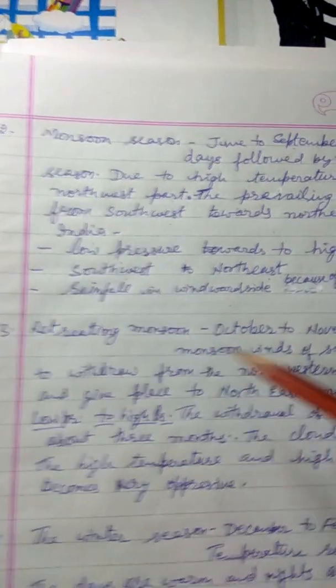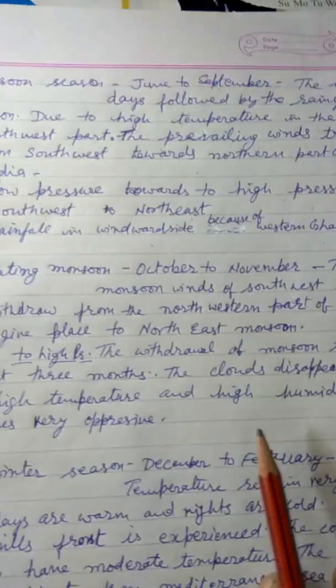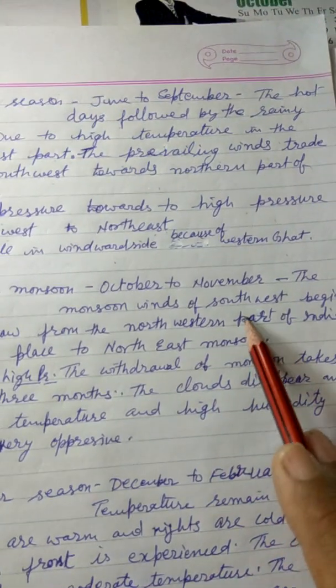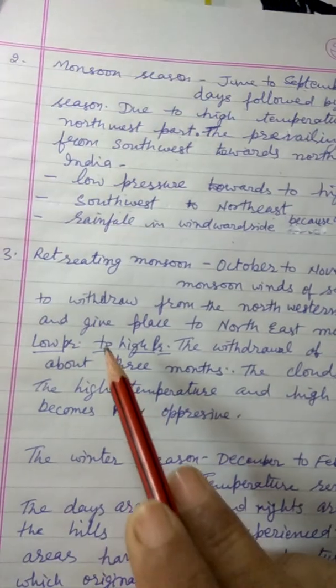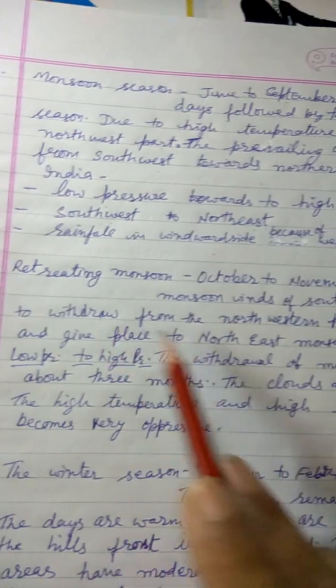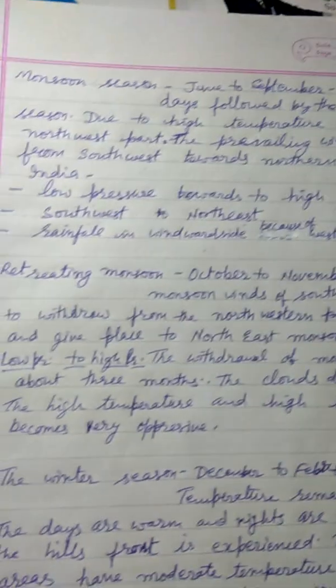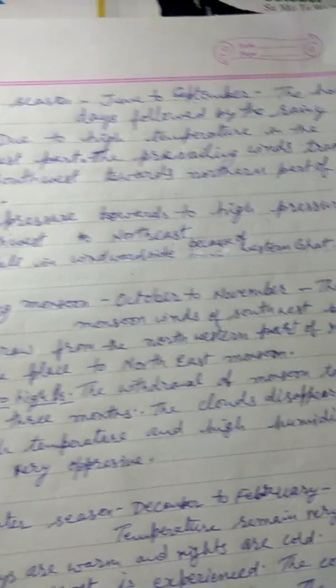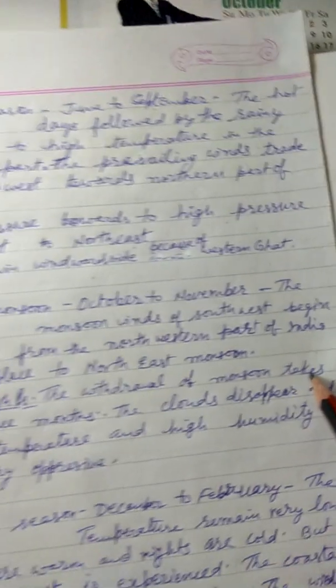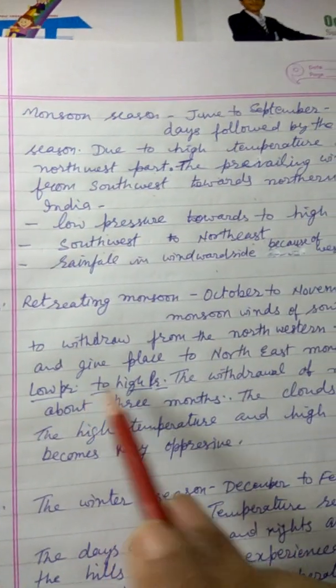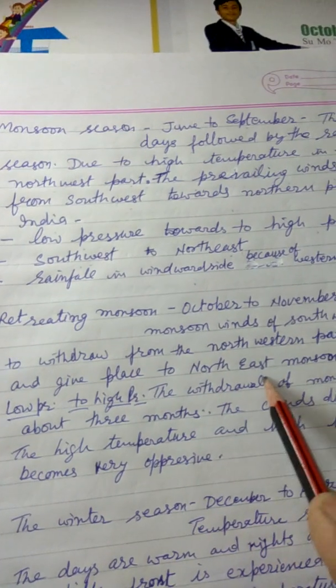Next one is the retreating monsoon, October to November. The southwest monsoon winds withdraw from the northwestern part, the north part of India, and give the place to the northeast monsoon.